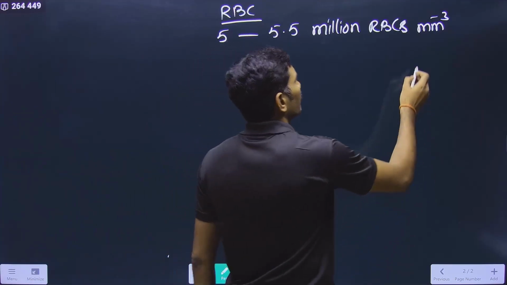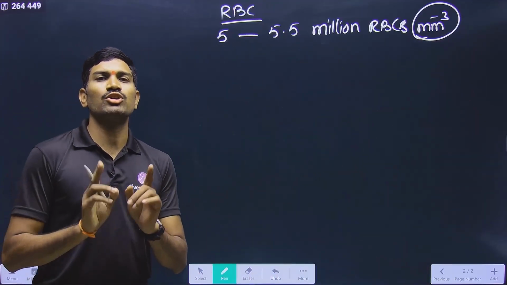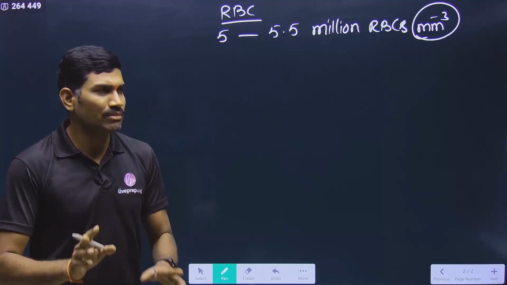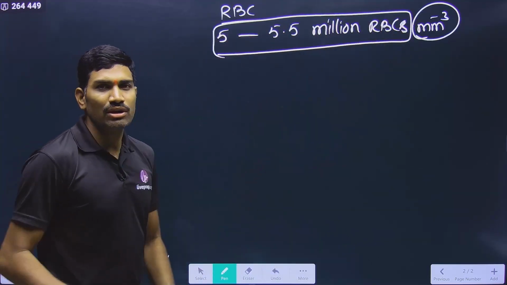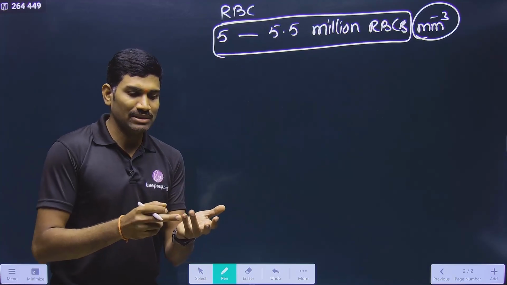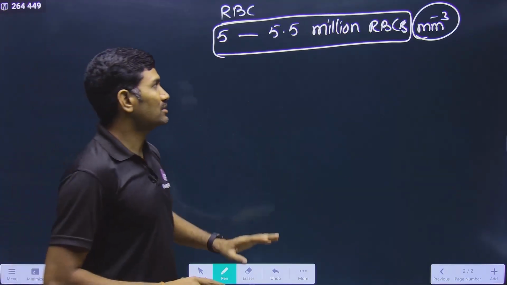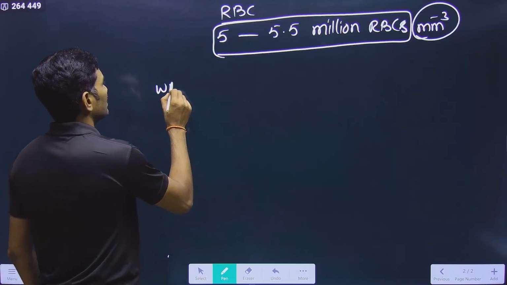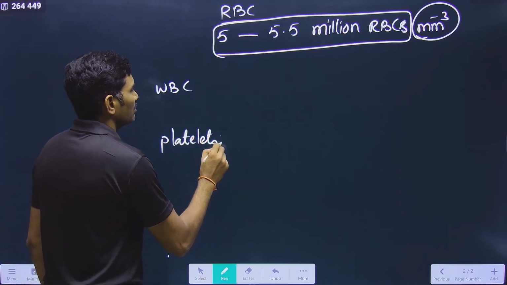That means in 1 cubic millimeter volume, these many RBCs are present. If you compare all the cells, RBCs, WBCs, platelets, RBCs are the most abundant. Let us say WBC I will write here, platelets I will write here. It will be easy for you to compare.